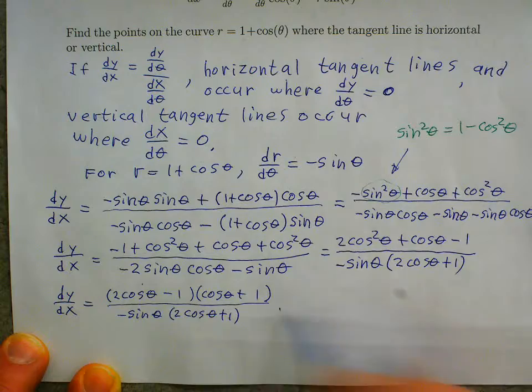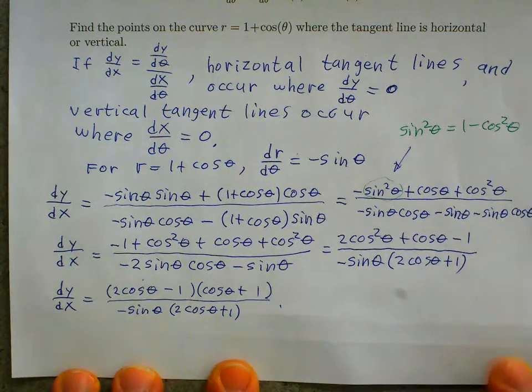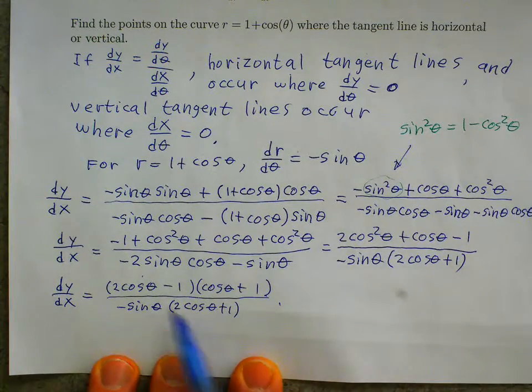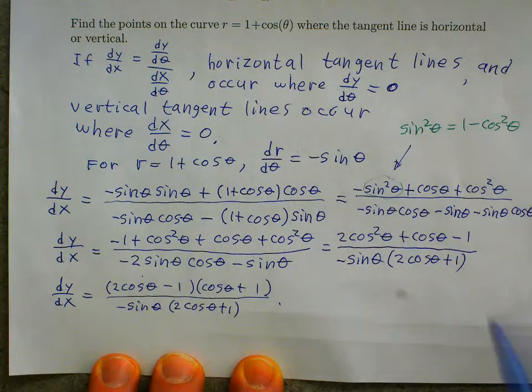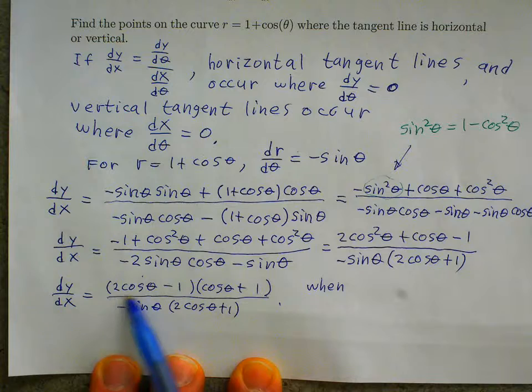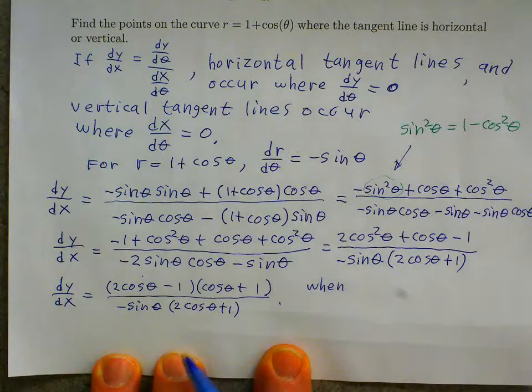Okay, let's find the theta values where we have a horizontal tangent line. So when the numerator is 0, so when 2 times cosine of theta minus 1 is 0, that's cosine of theta equals 1/2.